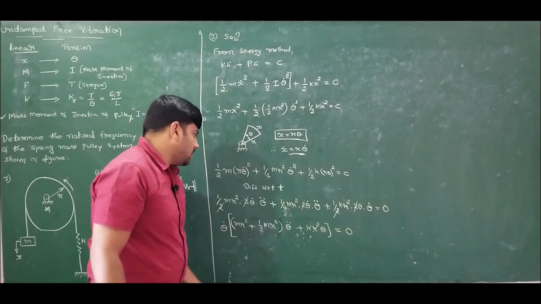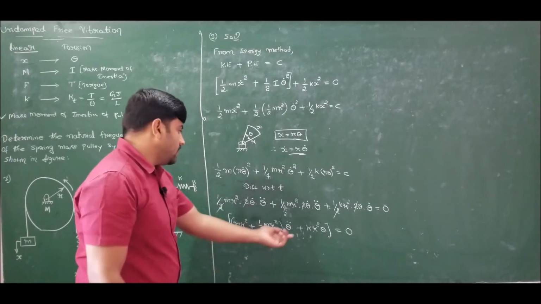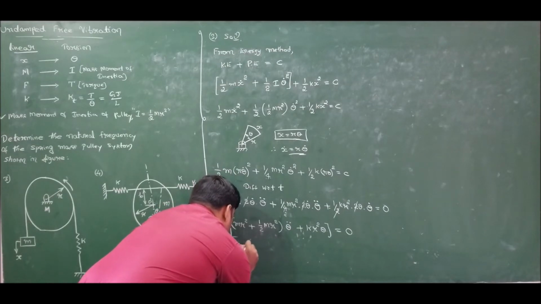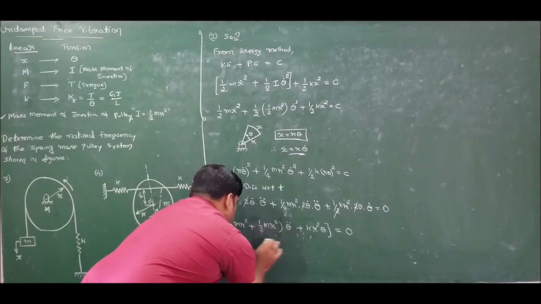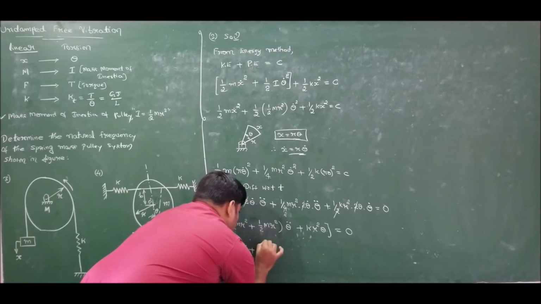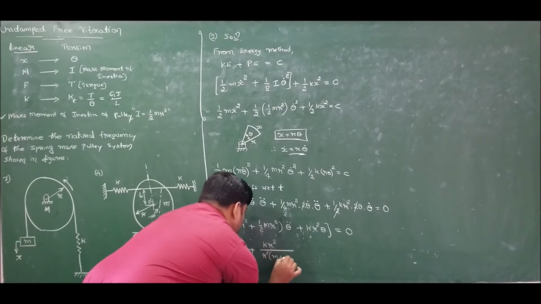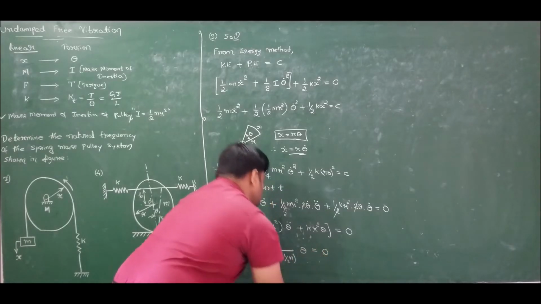Now in order to convert this into standard form, throughout I should divide this equation by m r square plus half m r square. If I divide this equation throughout by m r square plus half m r square, I will get theta double dot plus k r square divided by r square of m plus half m, into theta is equal to 0.